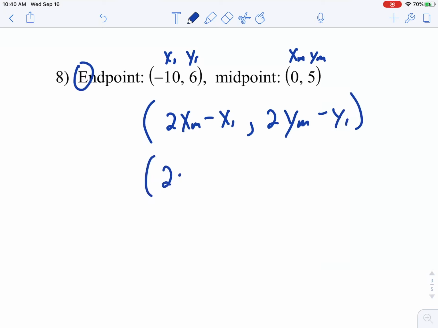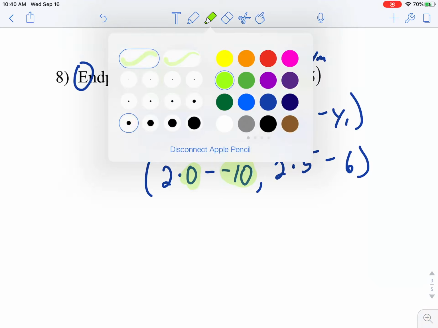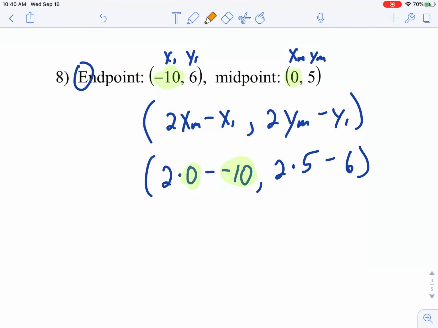So that's 2 times 0 minus -10, 2 times 5 minus 6. So I put this, let me go back. I put this 0 here, this -10 here, and then I put this 5 here, this 6 there.